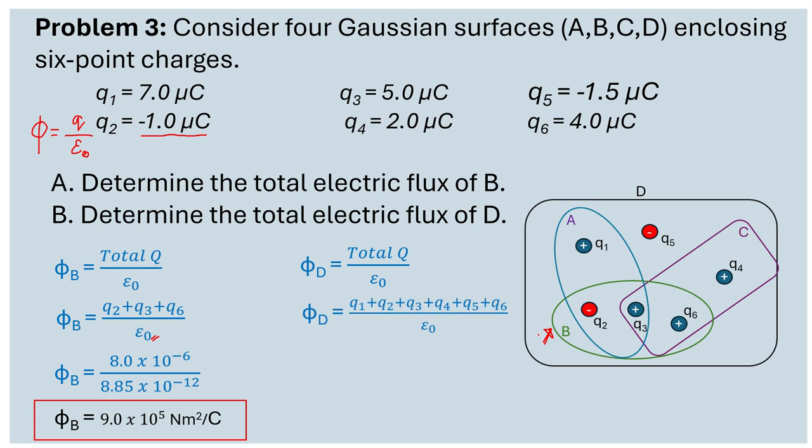So all we need to do is just add them up. Q1 plus Q2 plus Q3 plus Q4 plus Q5 plus Q6, because all of these charges are found inside D. If we add them up, we have already the values given. It's 15.5 times 10 to the negative 6, and in your calculator you will get 1.55 times 10 to the negative 5.